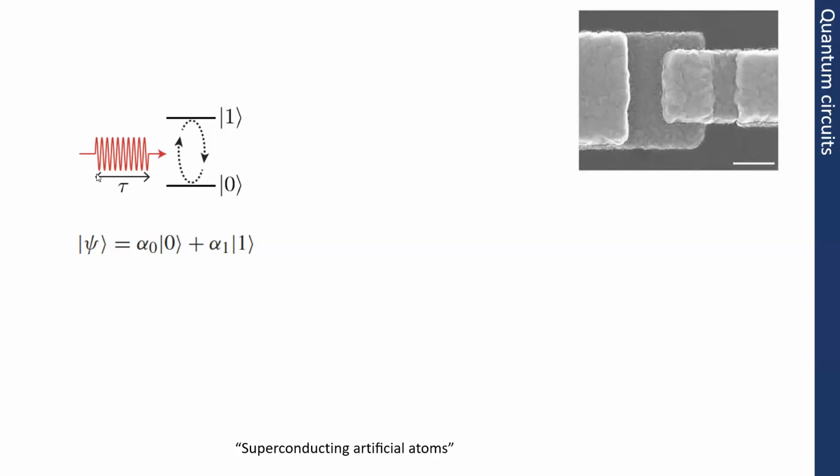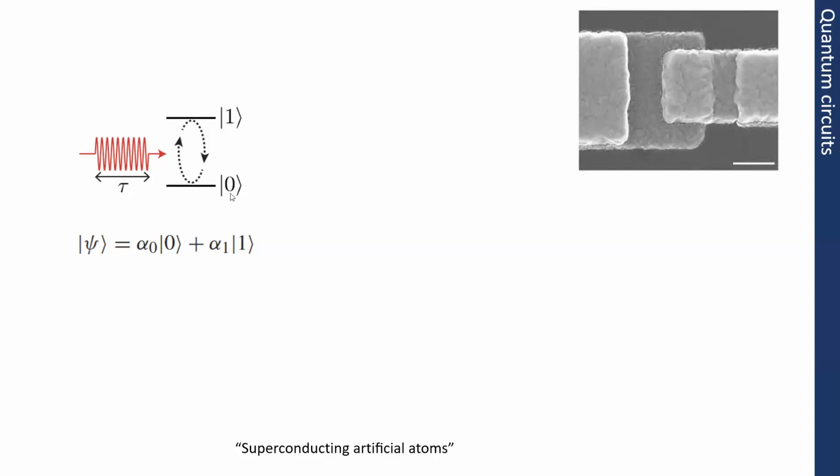If I send a short pulse, the system will stay mostly in the 0 state. If I send a so-called pi pulse, it depends on the interaction of this transition with the field, but for any system, one can tailor this pi pulse, which excites the system from the 0 state to the state 1.